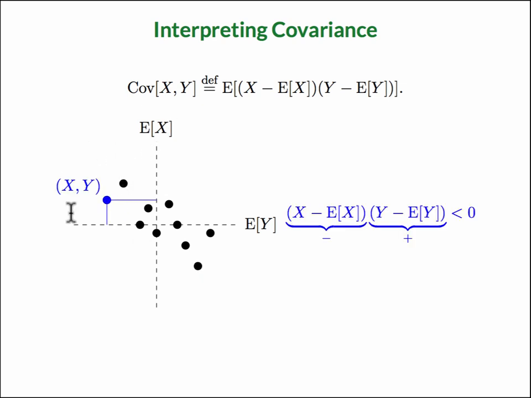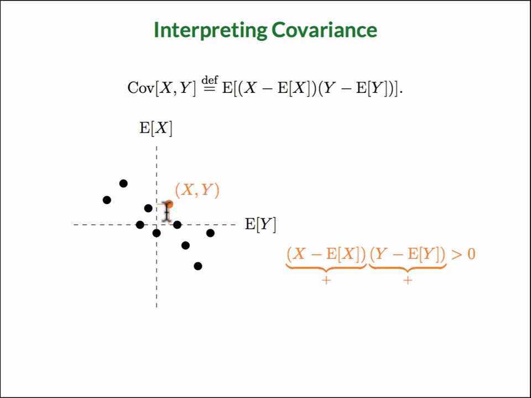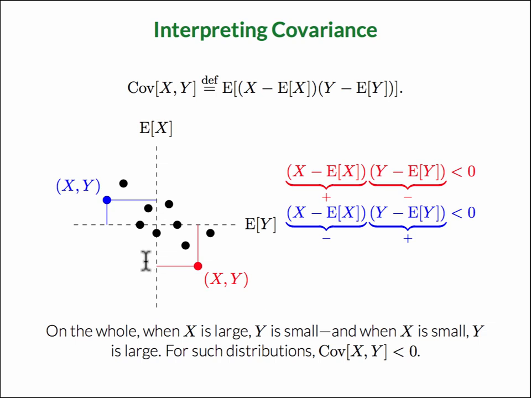Likewise, for a point in this top left quadrant, X is below the mean, but Y is above, and a negative times a positive is again a negative, so these outcomes in this quadrant will also contribute negative values to the covariance. Of course, there are still some outcomes which contribute a positive value to the covariance, but on the whole, most outcomes contribute negative values to the covariance. So when X and Y tend to move in opposite directions, the covariance will be negative.